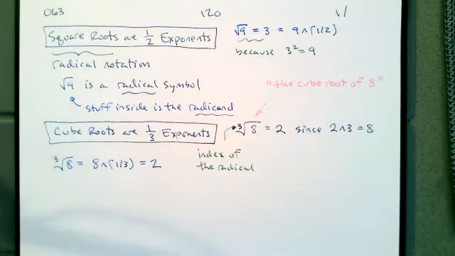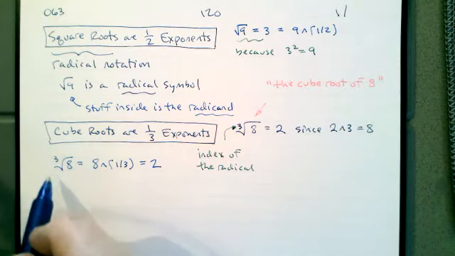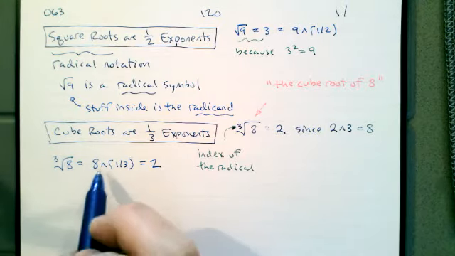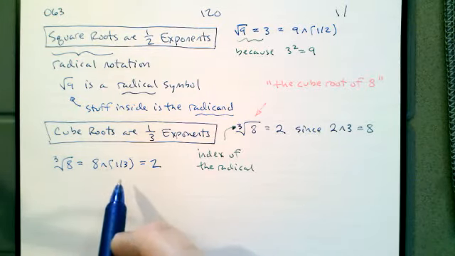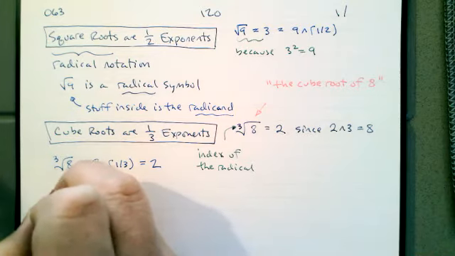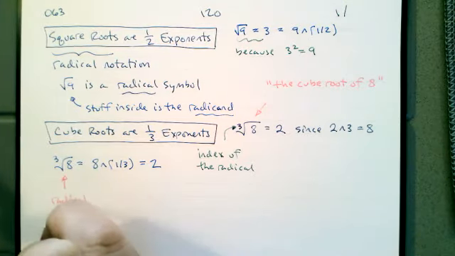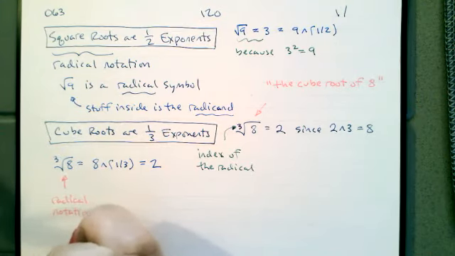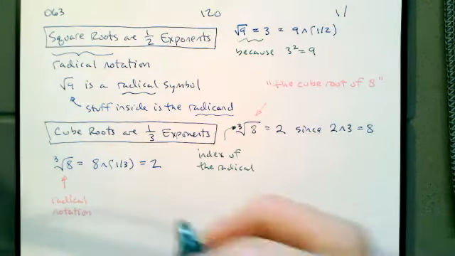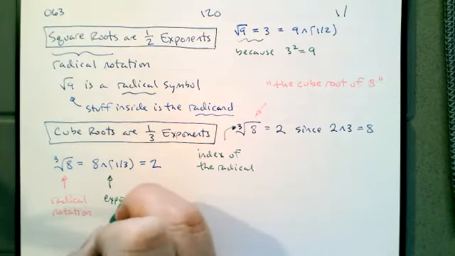So we can contain the same information by writing the cube root of 8 in radical notation, or 8 to the 1/3 in exponential notation. So we've got radical notation, and we have equivalent exponential notation.